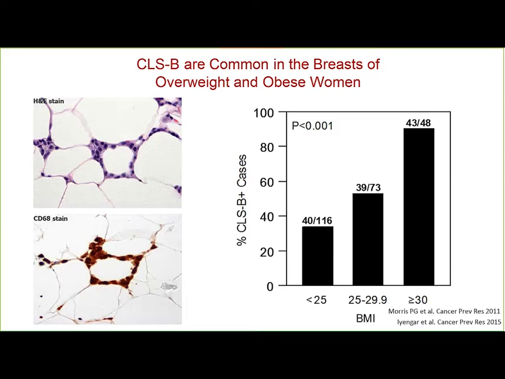And then when we looked at the relationship between BMI and the incidence of crown-like structures of the breast, one sees that in those who are obese, the incidence is on the order of about 90%. In the overweight, it's probably 50 to 55%, and fully a third of normal BMI women have occult breast inflammation. I'll have much more to say about the normal-sized women later in the presentation.